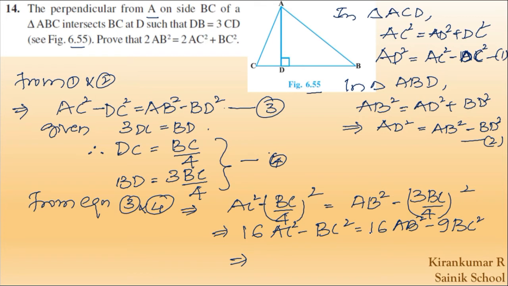If you bring all terms together, now AB to the one side, we will be getting 16 times of AB square equal to 16 times of AC square plus BC square.